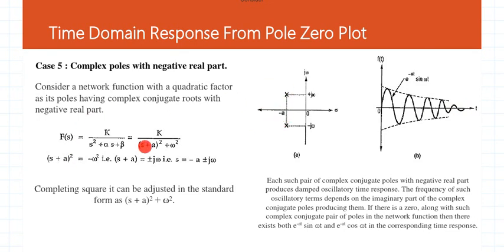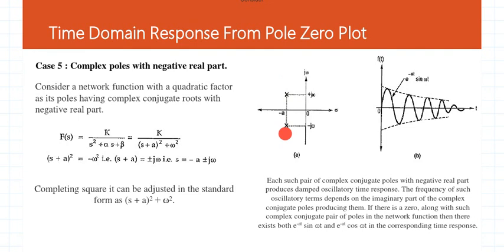So what would be the transfer function of such poles? The transfer function is as shown here, s plus a whole square plus omega square, giving us the poles of the system at minus a plus minus j omega. So there is a negative value attached to the real part, resulting in the poles lying entirely in the left half of the S-plane. We clearly understand that poles in the left half of the S-plane result in a stable system.